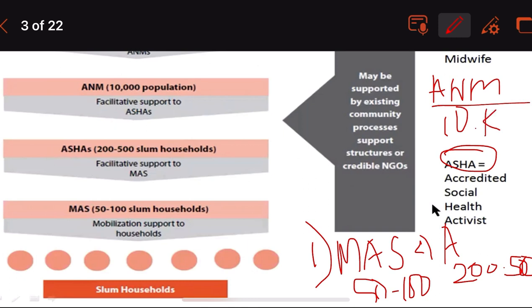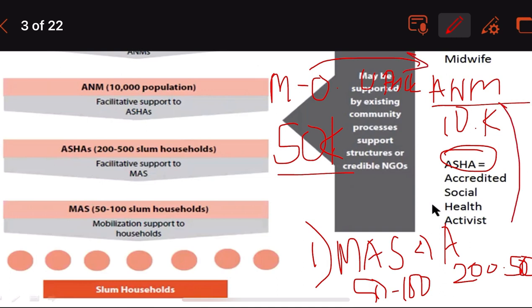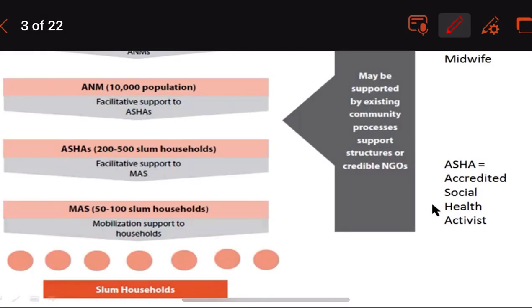Then we have the medical officer in charge at the urban primary healthcare level, covering about 50,000 population. The medical officer provides facilitative support to the auxiliary nurse midwife, the auxiliary nurse midwife supports the ASHA worker, and ASHA provides facilitative support to the Mahila Arogya Samiti. I hope this is clear.